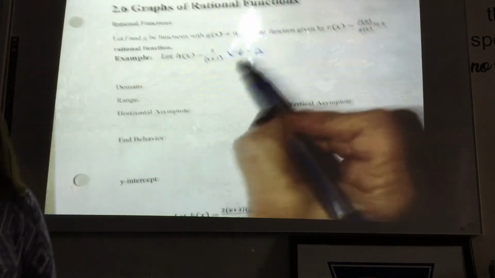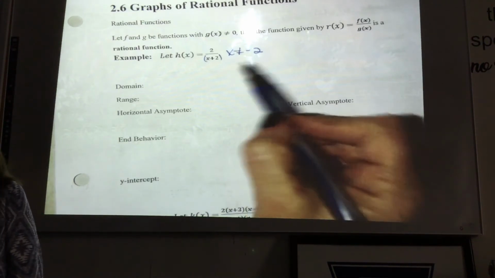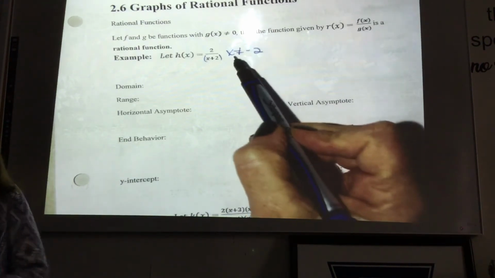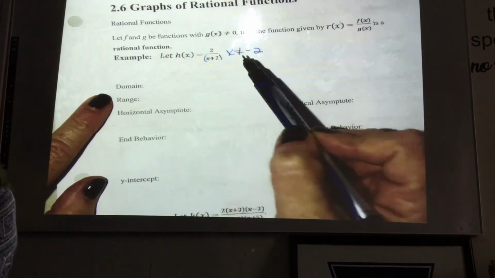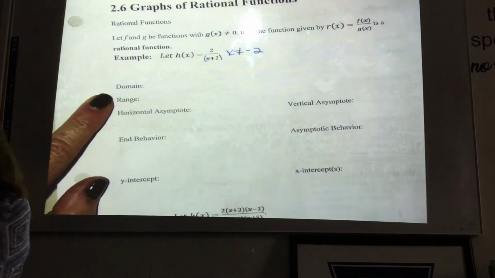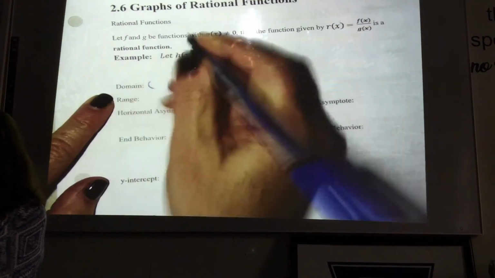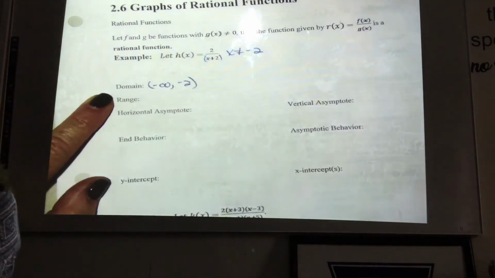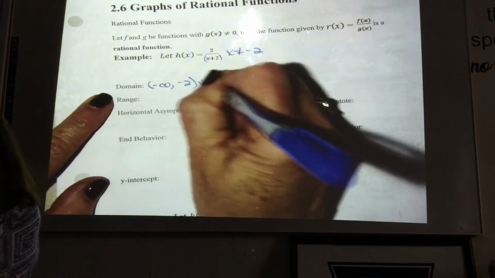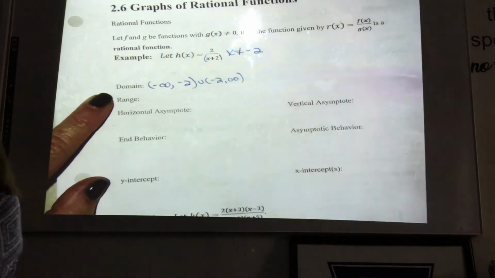So if my restriction is -2, that means x cannot be -2. Since I'm referring to x, that means I'm referring to domain. So if I have a restriction of -2, my domain goes from -infinity to -2, union with -2 to infinity.